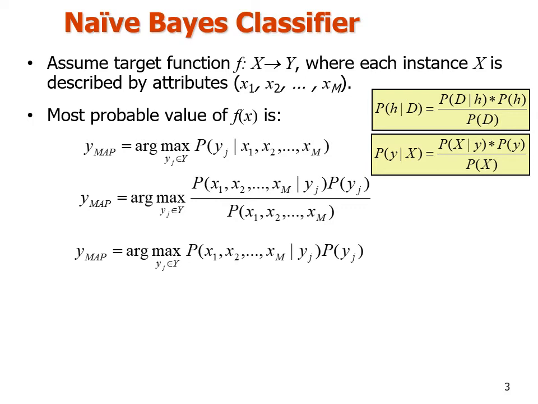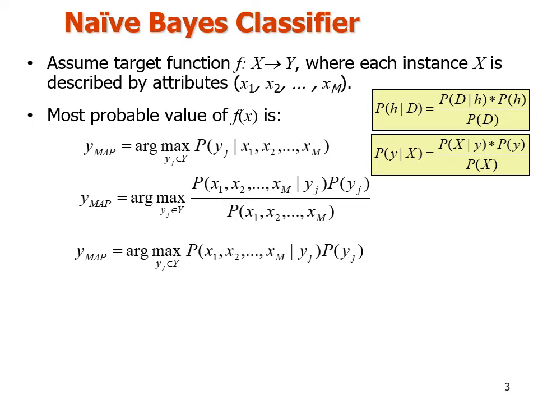It is actually easy to estimate each of the probabilities for yj. How? We can simply count the frequency with which each target value yj appears in the training data, and that will provide us the probability of yj.